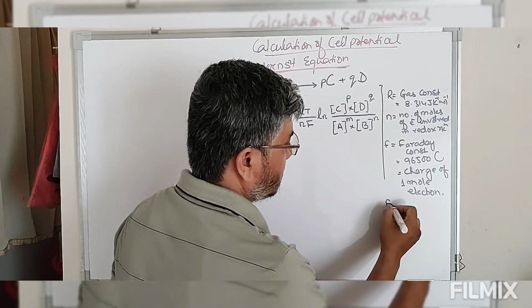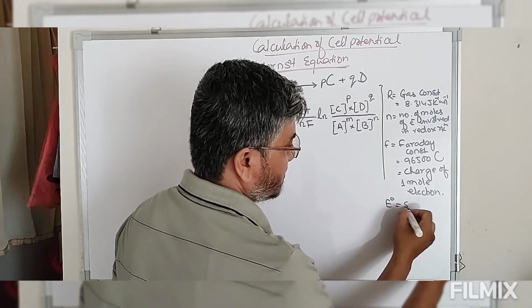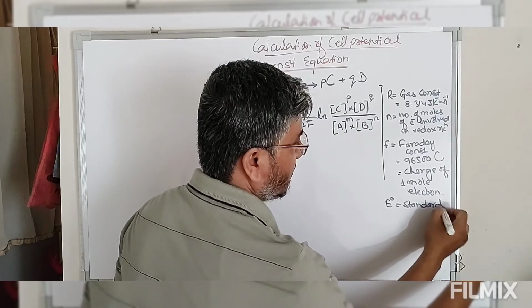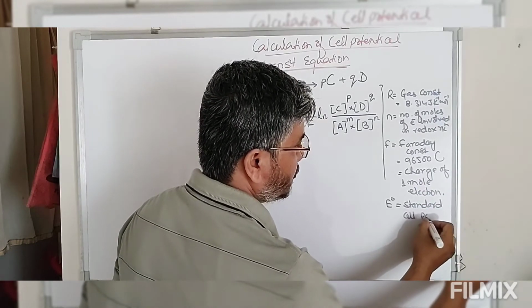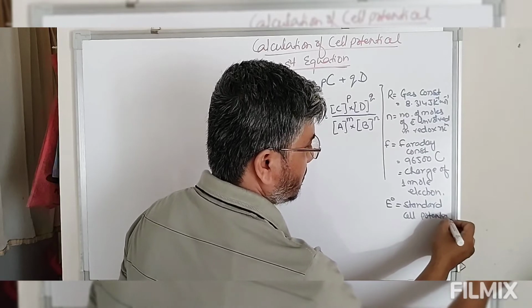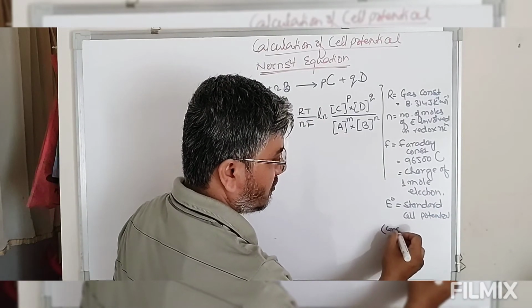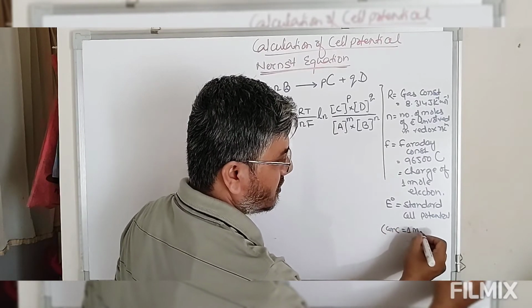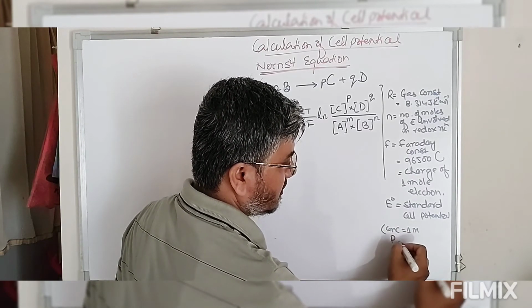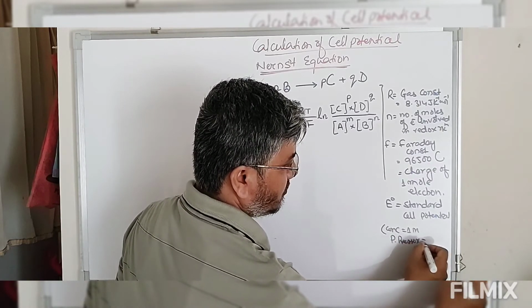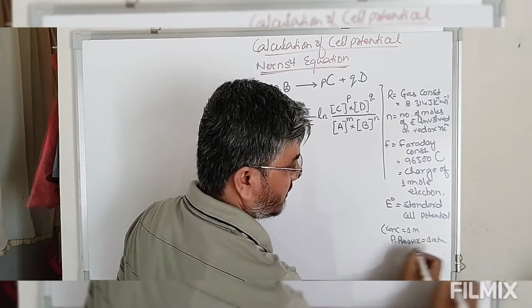This E naught is known as the standard cell potential. What is the standard condition? The concentration of electrolyte should be taken as 1 molar. If gas, then the partial pressure should be taken as 1 atm.